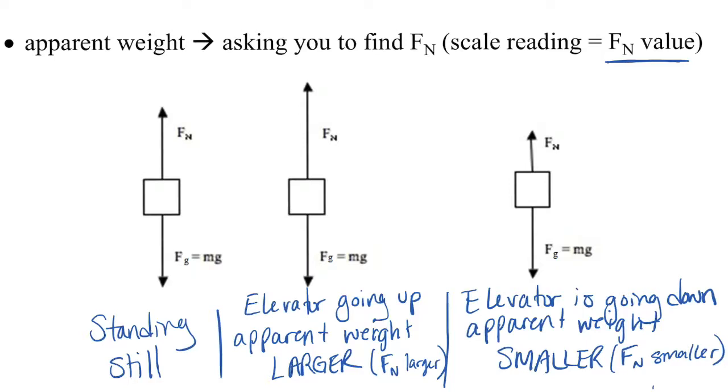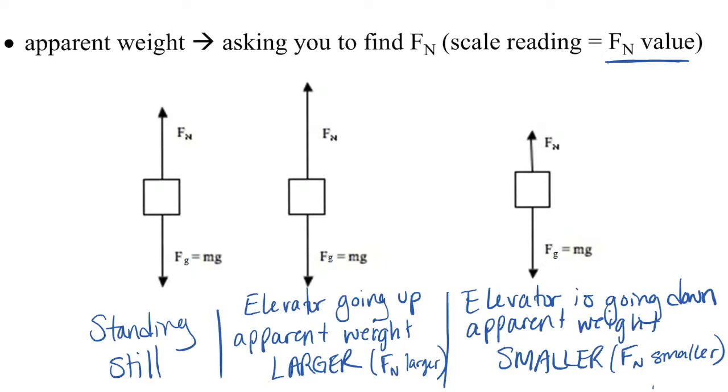And then if you get on an elevator and you want to lose some weight, well, then you're going to go downwards. You're going to stop at a top floor. You're going to go in the elevator, get on the scale, and then you're going to go downwards. And you're going to see that weight go down. Isn't that exciting? Okay, so that's that. That's how that works, but I know it's kind of difficult.